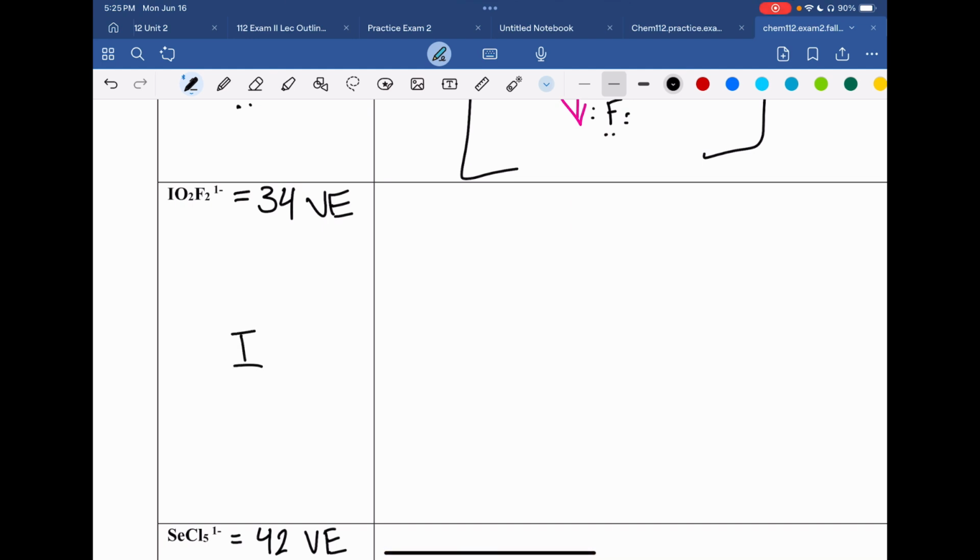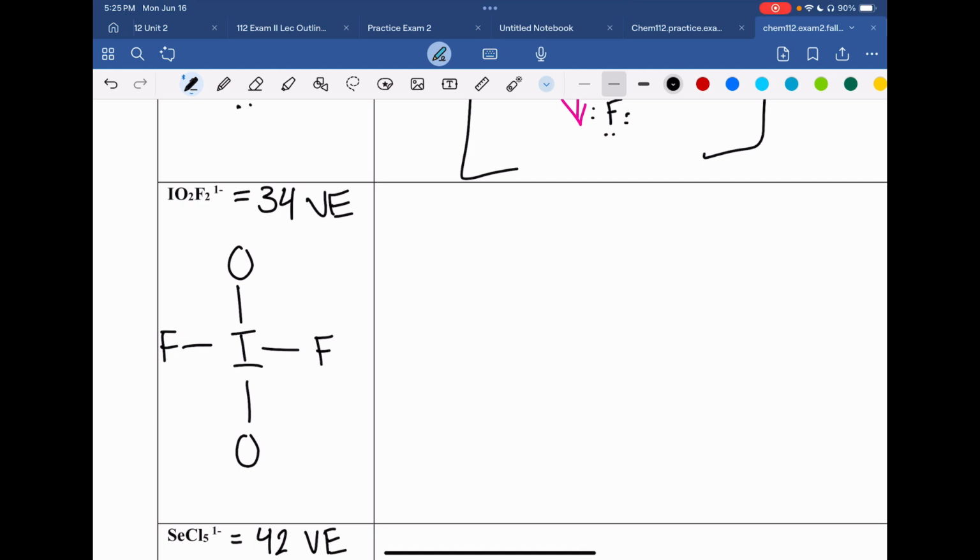So iodine is your central atom. Then you're going to connect it with the atoms, draw lines. This is your skeleton structure. I need 34. Can't have more, can't have less.